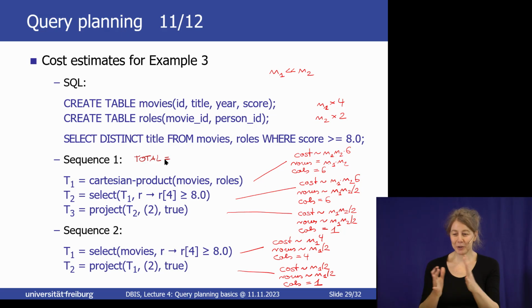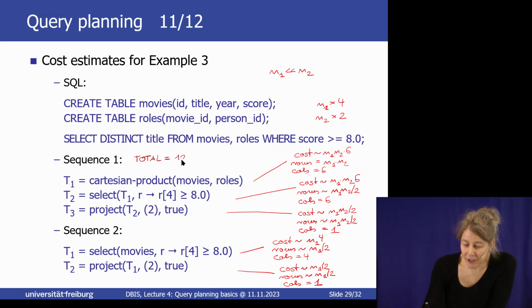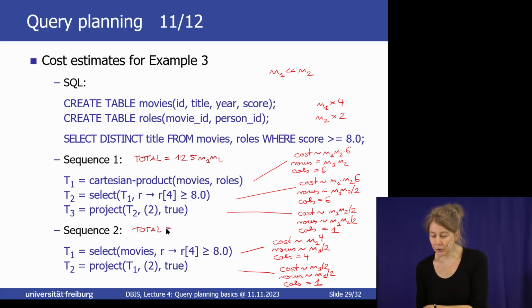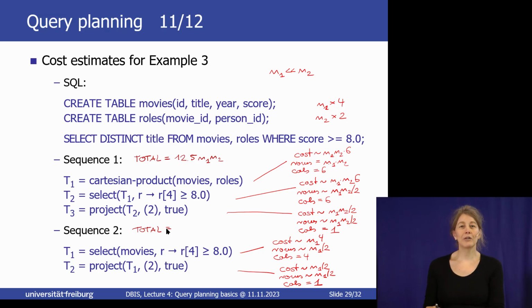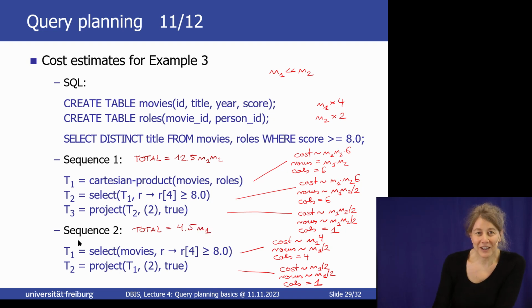It can be compressed into, yes? 12.5 and 1 and 2. Yes? And what's the total here? Yeah? 4.5 and 1. Yeah. And I think even without any assumptions, it's pretty clear which one.